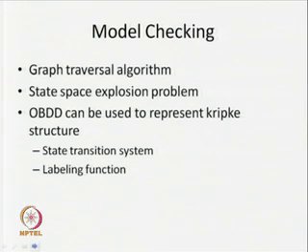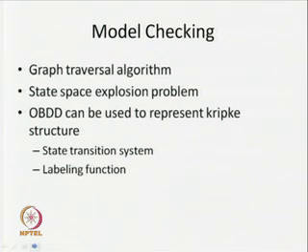Now, when we talk about this model checking algorithm, we have seen that this is nothing but a graph traversal algorithm, because we have the entire state space as a Kripke structure, and a Kripke structure can be viewed as a simple graph. We have a graph traversal algorithm to find the set of states where a given property is true.